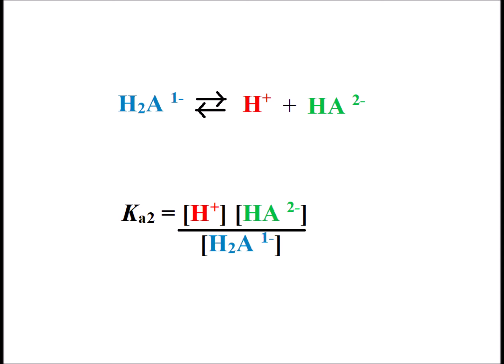That conjugate base H2A minus also has acidic properties. It can give off a proton and leave behind its conjugate base HA2 minus. The acid dissociation constant Ka2 is equal to the concentration of H plus times the concentration of HA2 minus divided by the concentration of H2A minus.